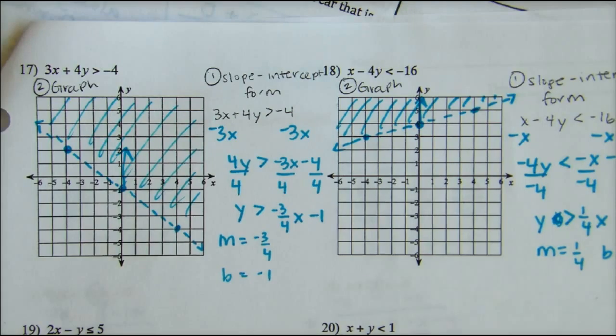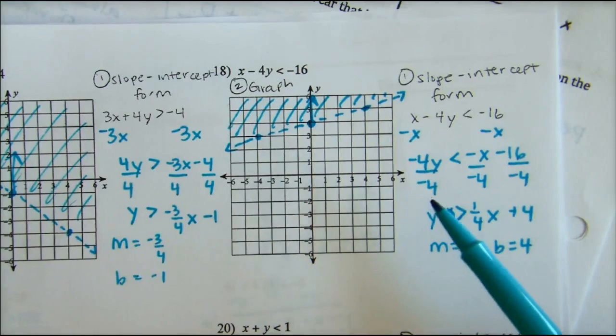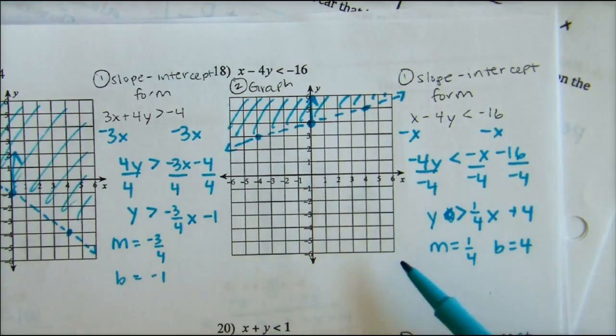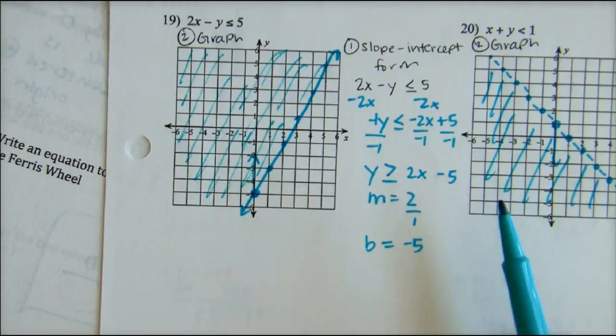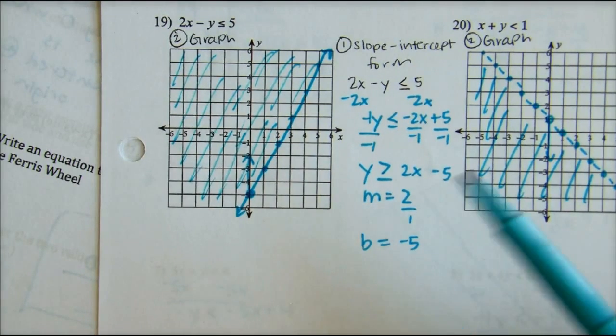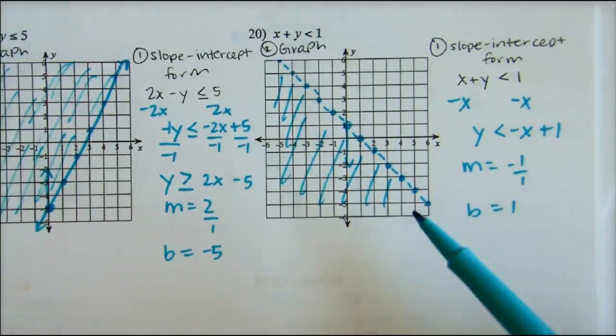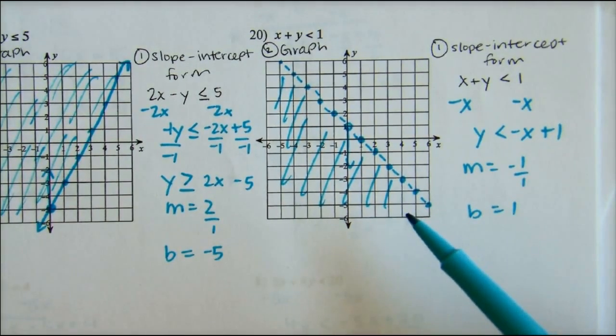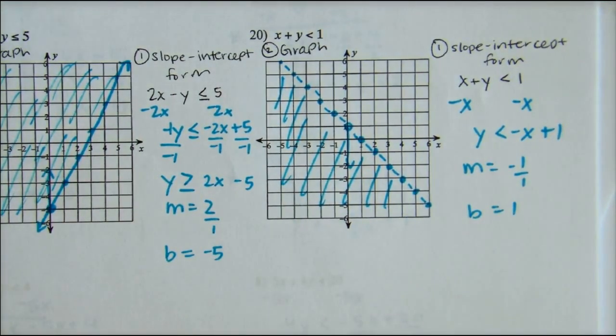Check number 17. Make sure you got the right shading, the right dashing. Number 18. Number 19. And number 20. Okay. Once you're done, you're going to go to your agenda and check and see what's up next. Great job.